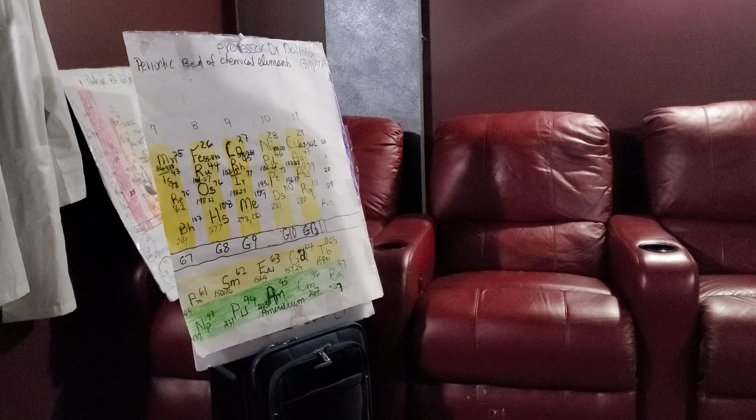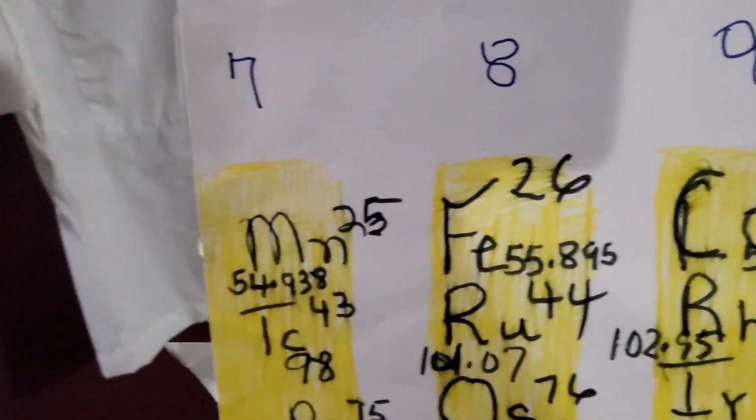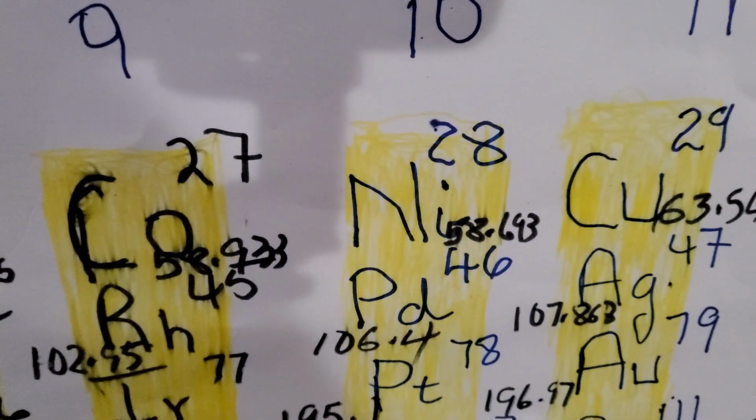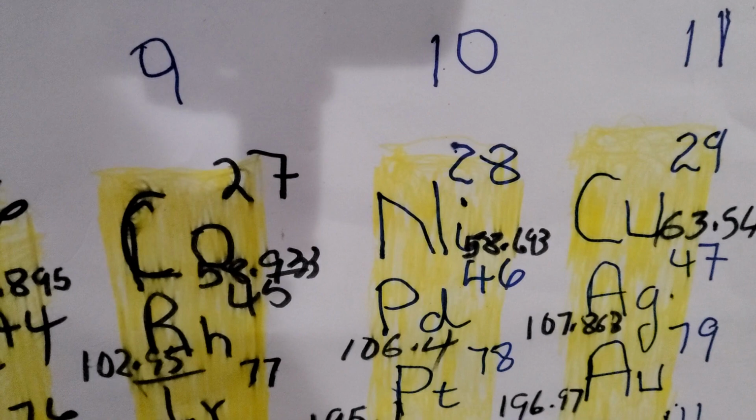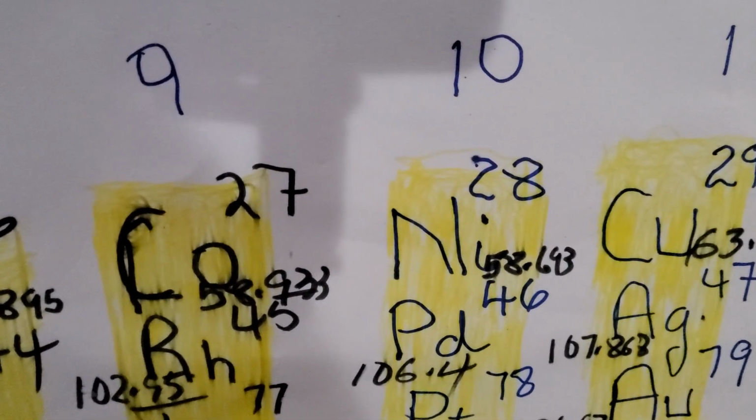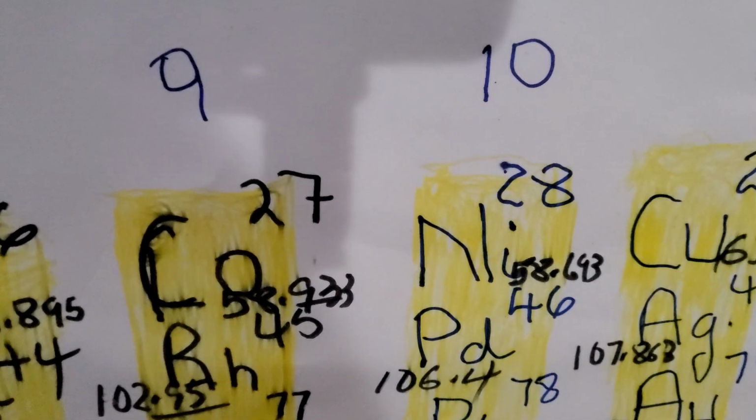And here we have nickel, let's see what we have here. Here we have nickel in the periodic table at atomic number 28. Ni 28, and the atomic mass is 58.69, I believe.